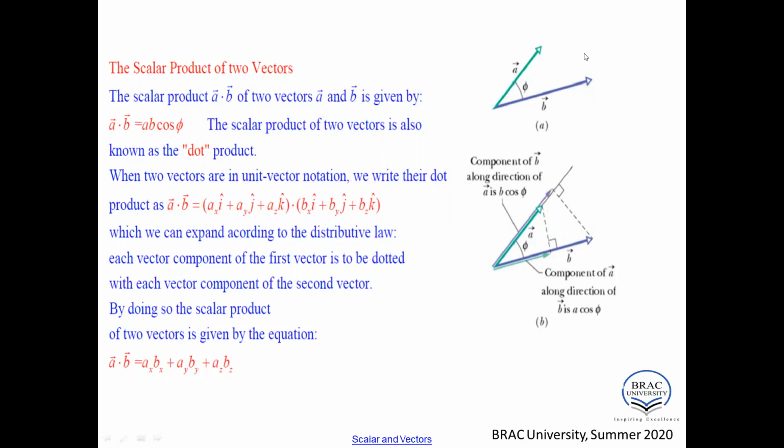Let us consider two vectors, vector A and vector B, and phi is the angle between these two vectors as shown in this figure. This is vector A, this is vector B, and the angle between these two vectors is phi.